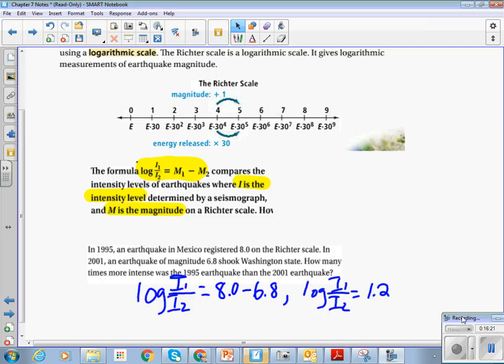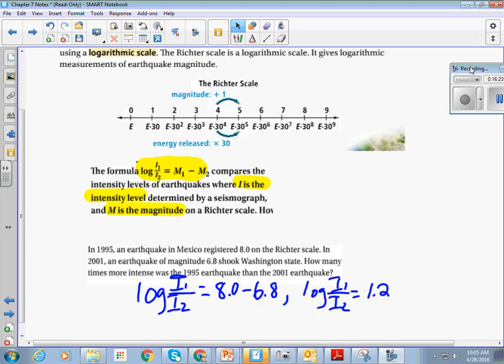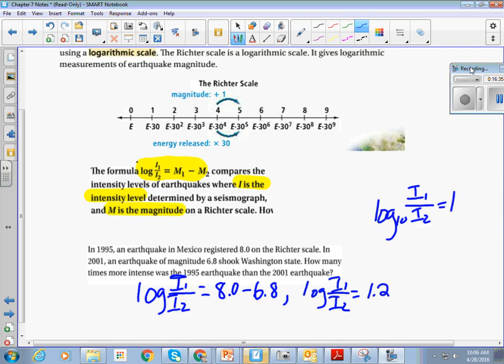So now we have to use what we know about log. So log, the base on this one, since I don't have anything written, is base 10 of I1 over I2 equals 1.2. We look at how that's log base b of x equals y, where b is the base, y is the exponent, and x equals what's on the other side.